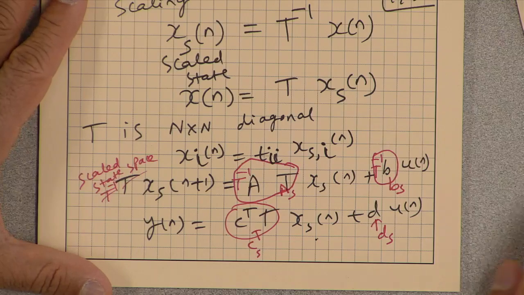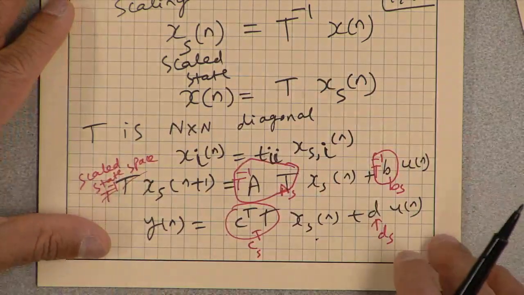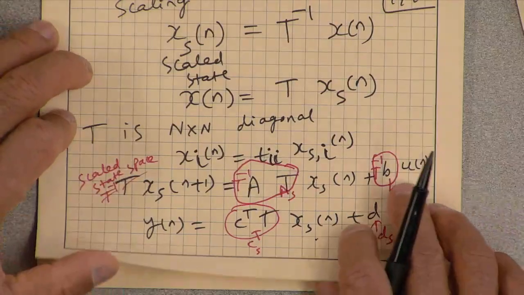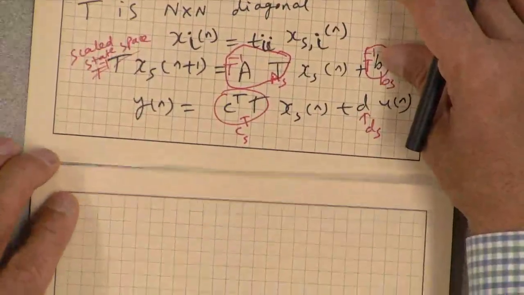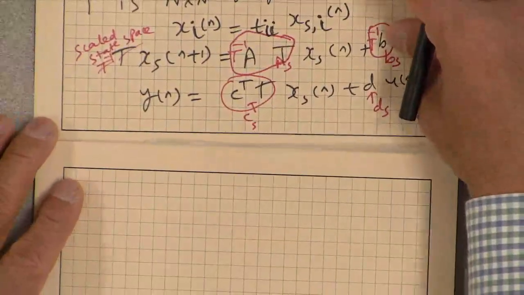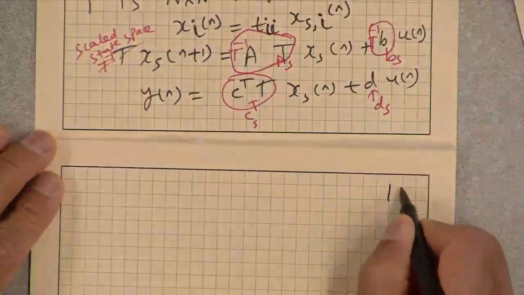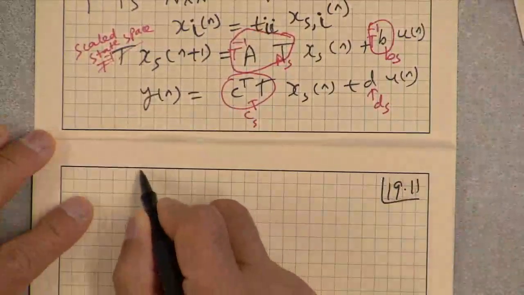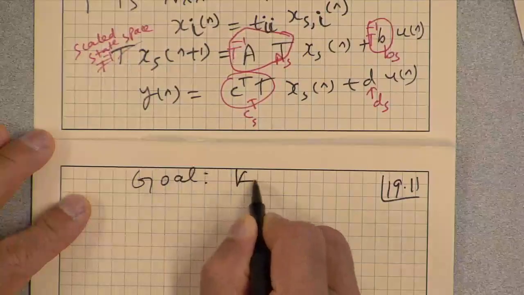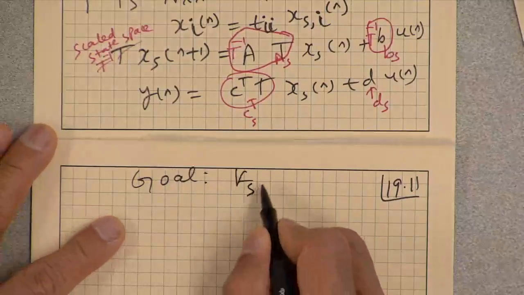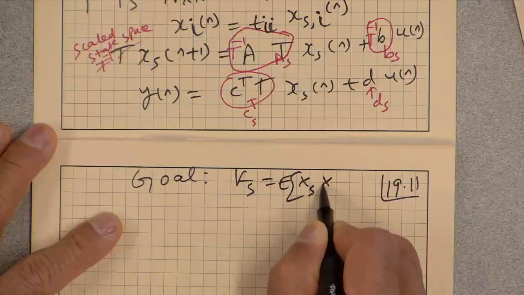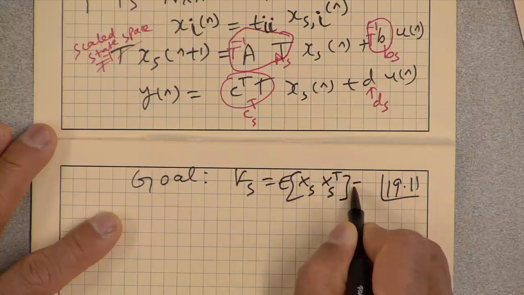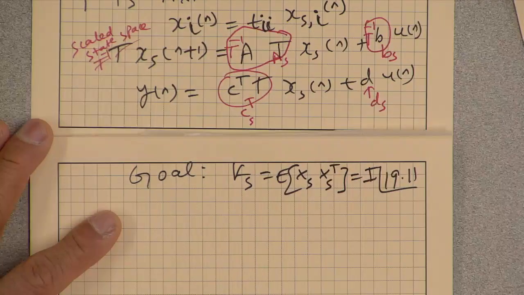Once we have these, we want to make sure that K scaled will be an identity matrix. That's our goal.